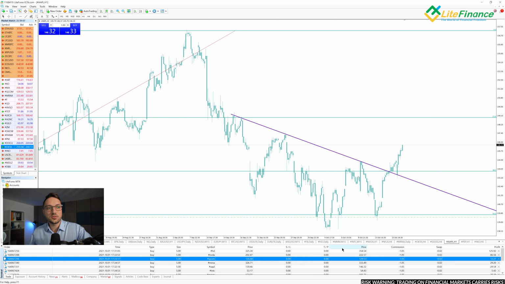You can beautifully see that here it worked out pretty well. You have left shoulder, right shoulder, the neckline, and after breaking of the neckline, a perfect retest of the line, and then a rally to the upside. So if you, for example, were at this moment on the computer, you could enter the market and already be in profit.